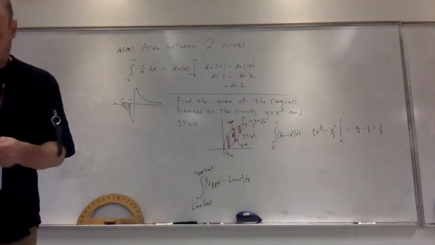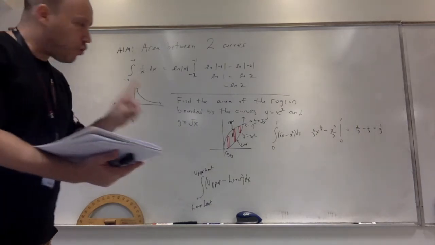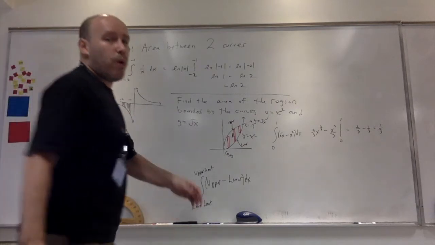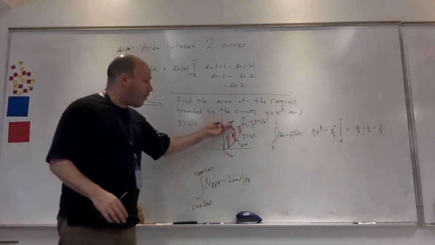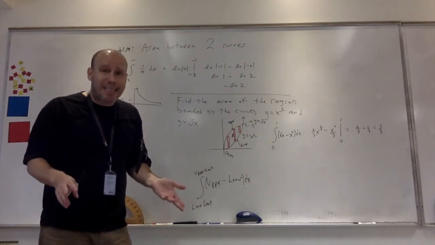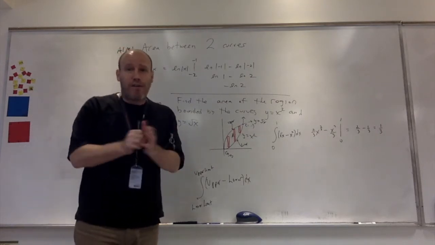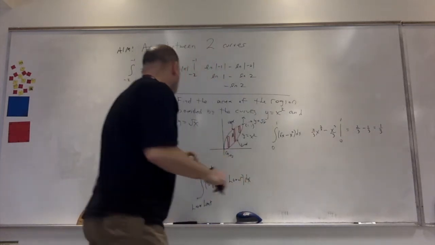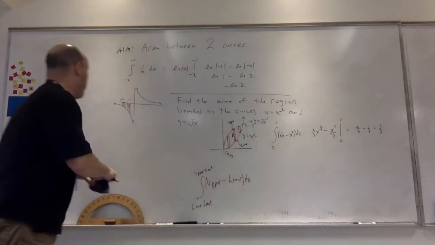So let's think about this though. Before, we were finding the area between the curve and the x-axis. But if we think about the x-axis as a curve itself, y = 0, then we can apply this formula. So let's erase this.